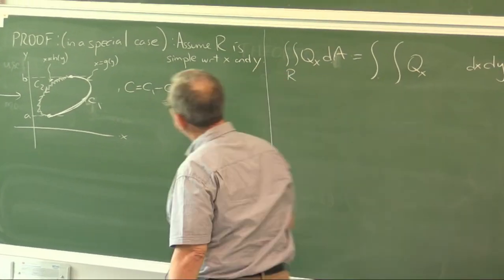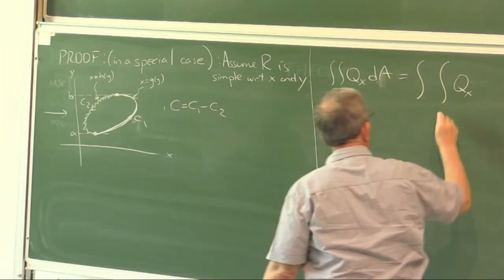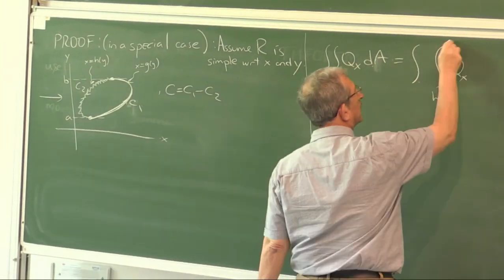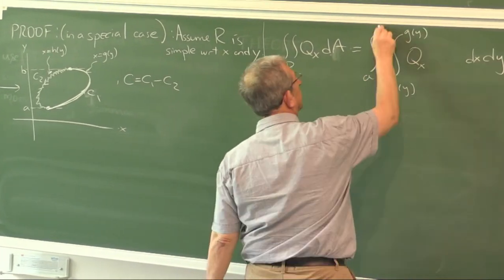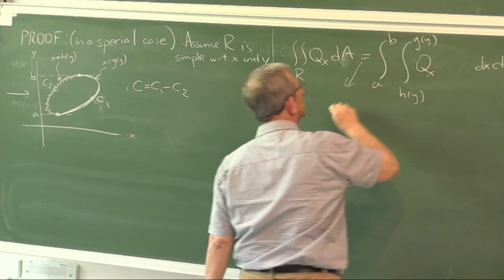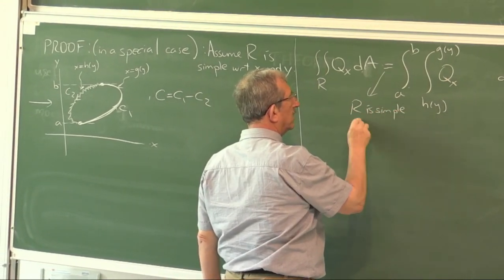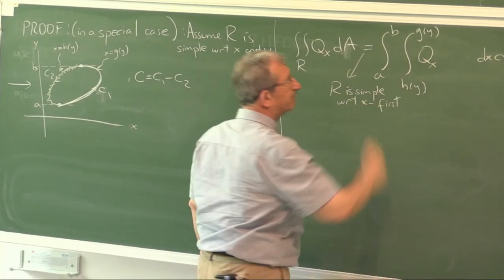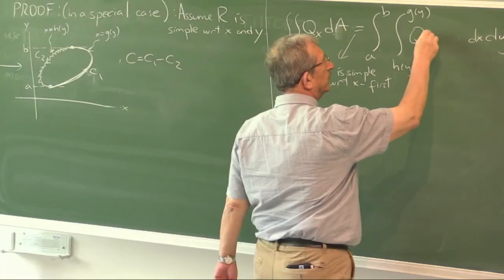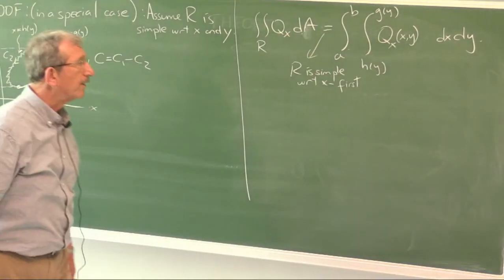Now x will change from h of y to g of y, and y will change between a and b. This is because R is simple with respect to x first. Of course, in q sub x, I have x's and y's.